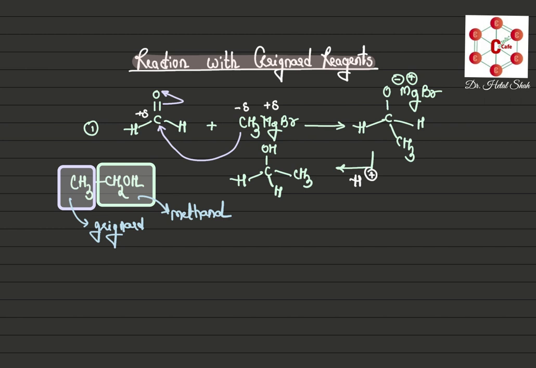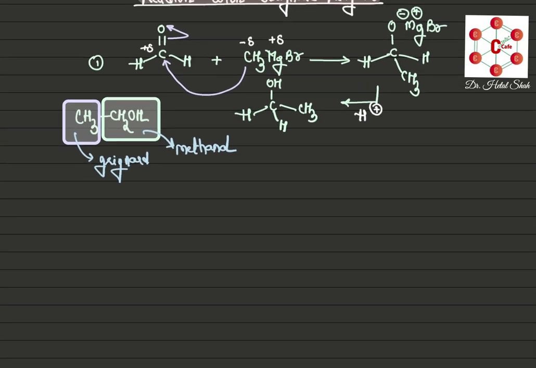For example, suppose I want to have benzyl alcohol. What should I do? I should take methanol, which would give CH2OH, and what else?